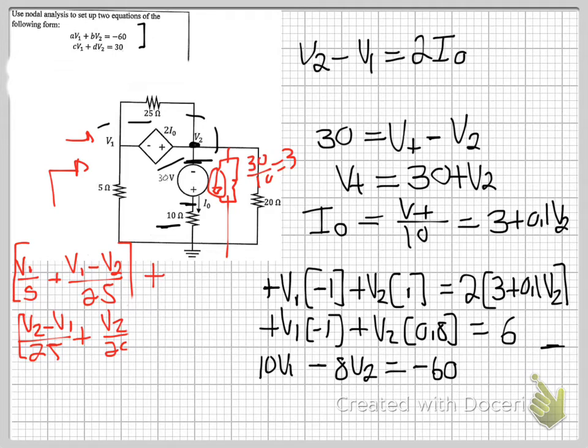And then by doing a source transformation, this means that now you can see this resistor.